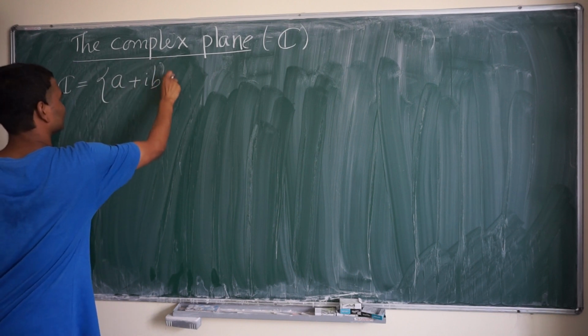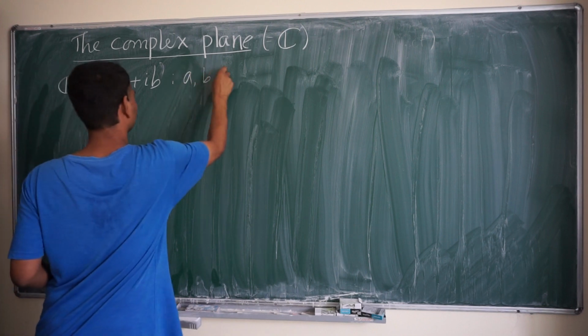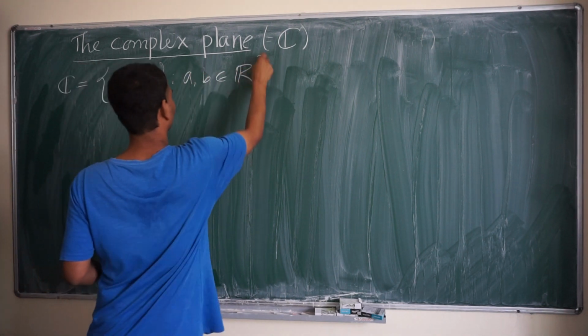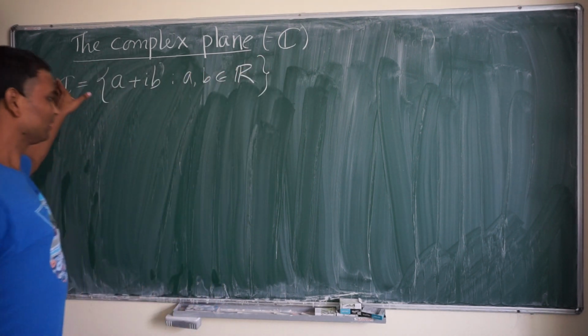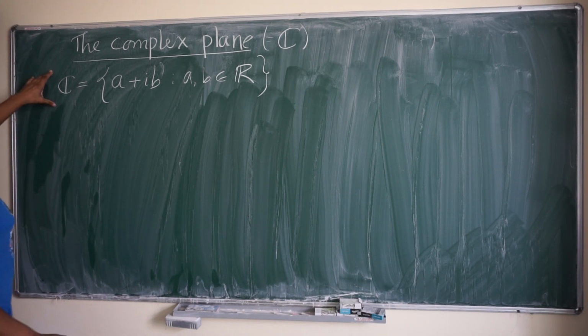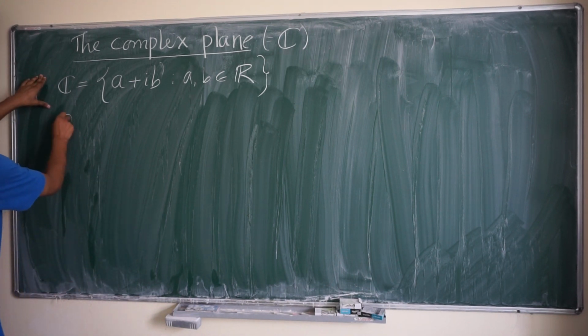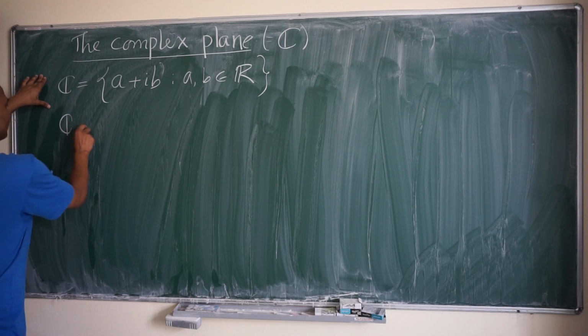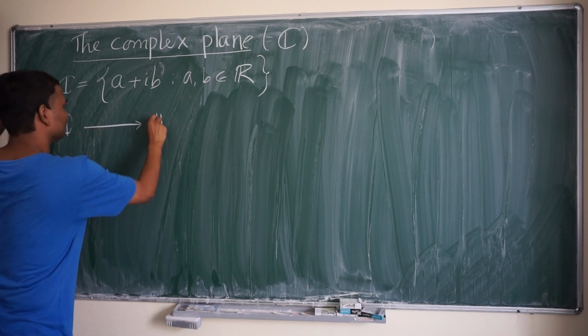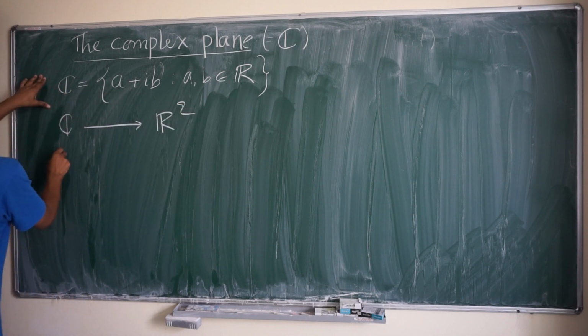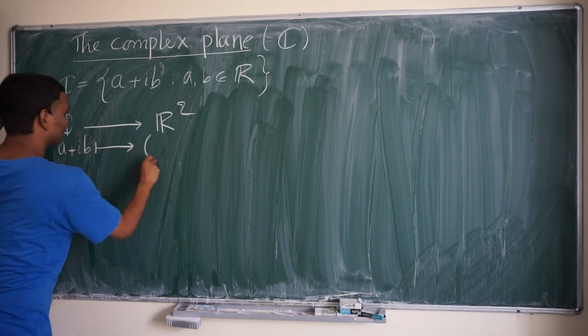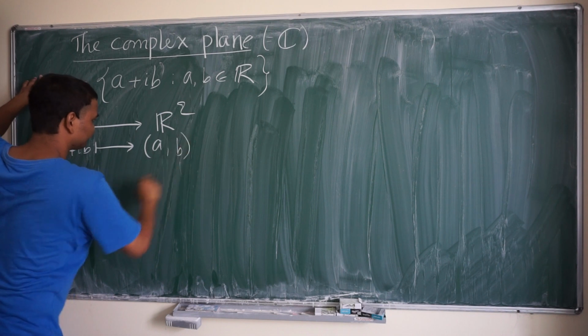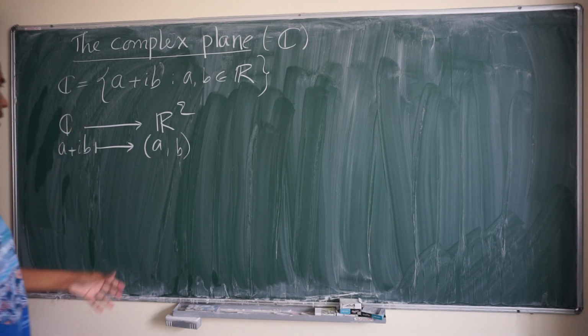The set is of this form, where A, B are real numbers. Once you write this, there is a map from C to R2, which is very clear: A plus IB goes to (A, B).